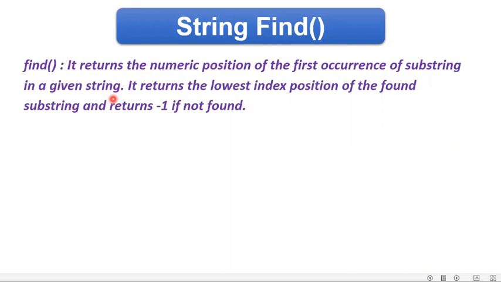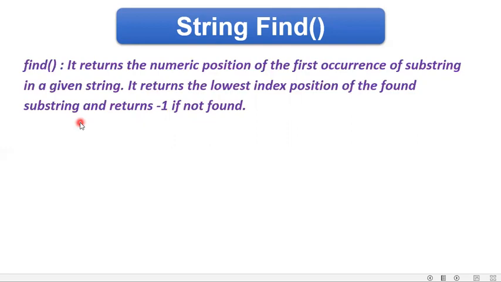For example, if a substring is stored at the fourth index position in the string, it is going to return me 4. If the substring is stored at the seventh index position in the string, then it is going to return me 7. That means every time when the search is completed, I will get one numeric value in the form of position. It returns the lowest index position of the found substring.